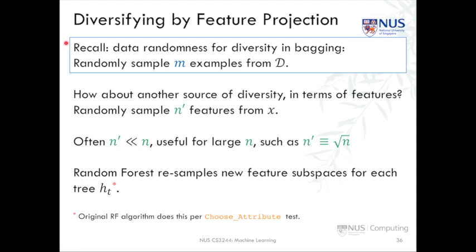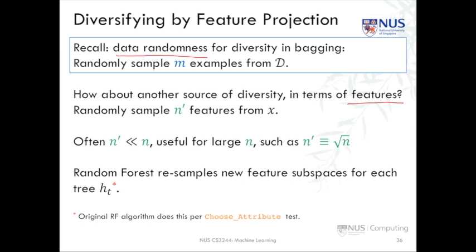To understand this, let's think about bagging again. Bagging means that we sample examples from the original dataset with replacement so that we can get data randomness. But we can try to get randomness from another source of diversity in terms of the features themselves.